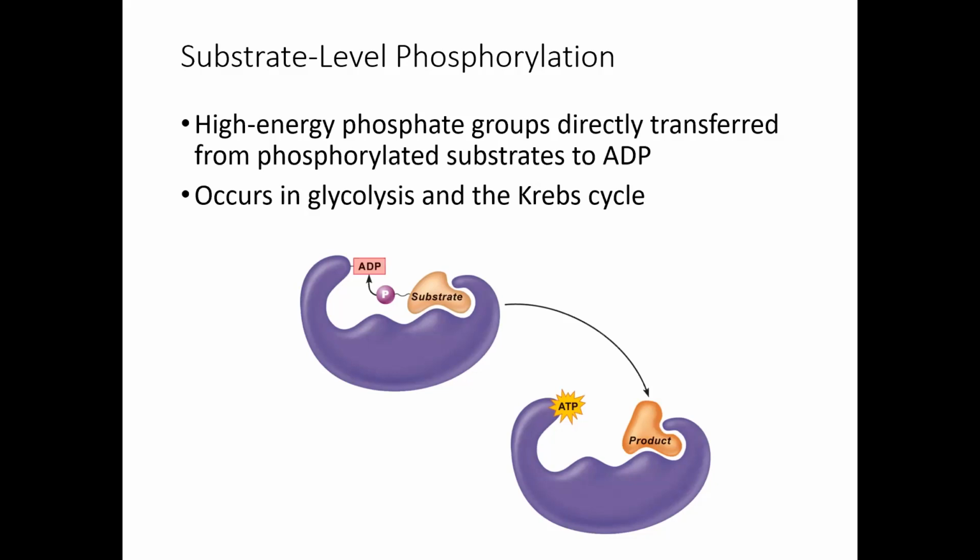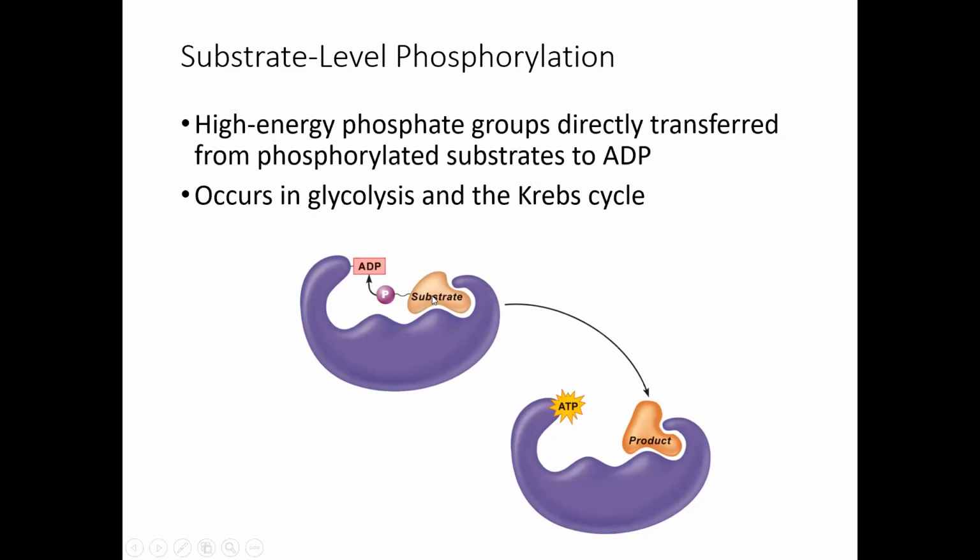It sounds like a pretty good deal. This is direct transfer to the ATP. We say it's phosphorylated because we are taking the third phosphate and jamming it onto the ADP. Notice here in the illustration, adenosine diphosphate.